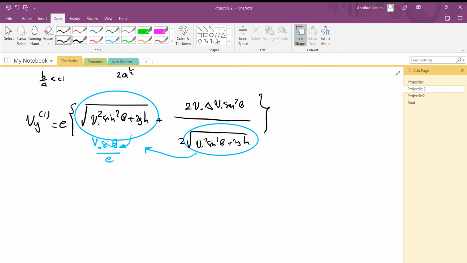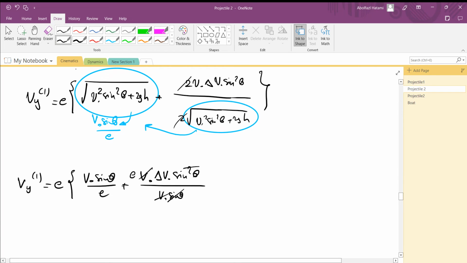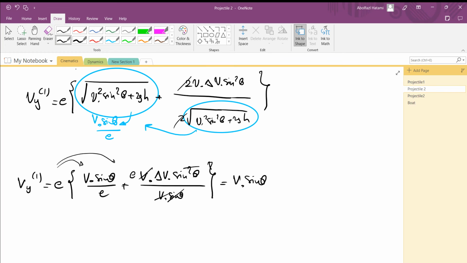So if I substitute these radicals with this simple term, we obtain v0 sine theta over e, plus I can eliminate these 2's from the denominator and numerator, v0 delta v0 sine square of theta over v0 sine of theta over e, which I can send this e into the denominator and call it e here, and I can eliminate this sine of theta with this, and this v0 with this v0, and I can multiply this e in these two terms, and we can say that it is v0 sine of theta plus e square delta v0 sine of theta.